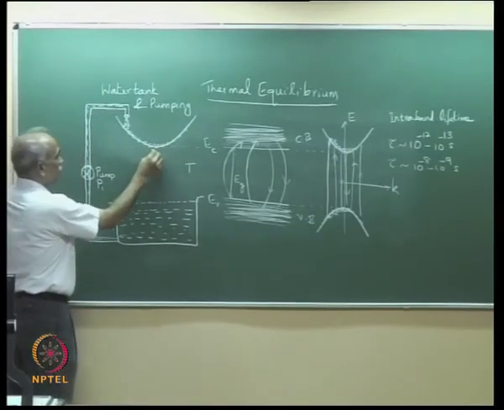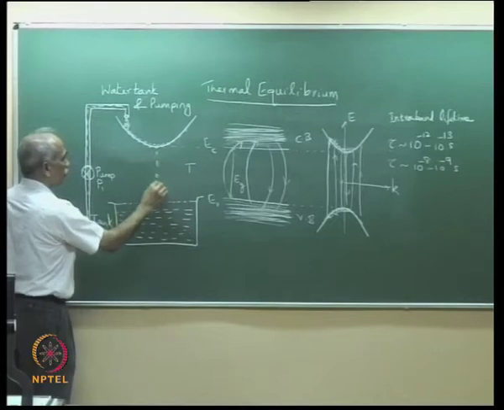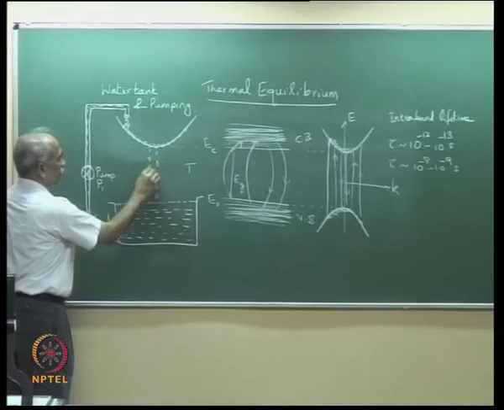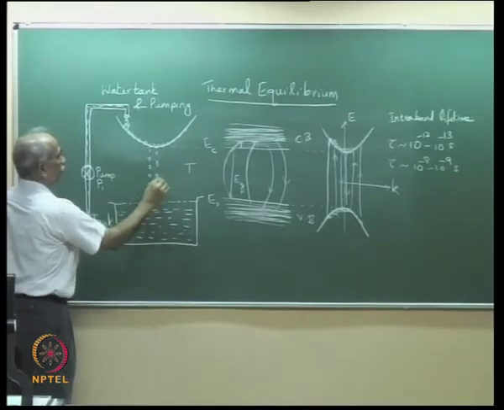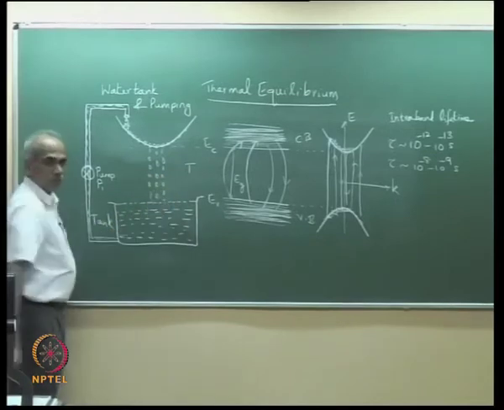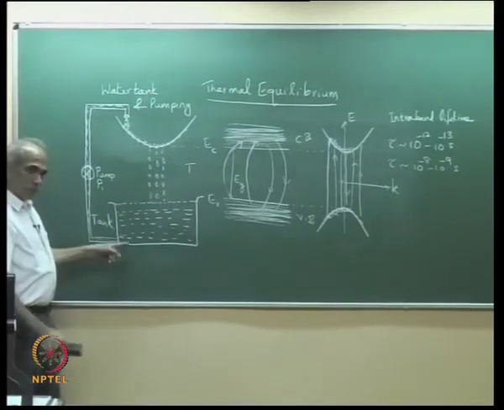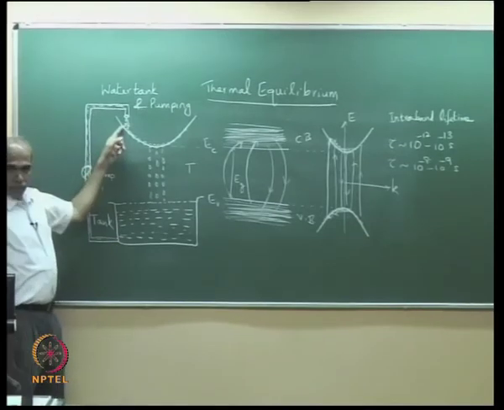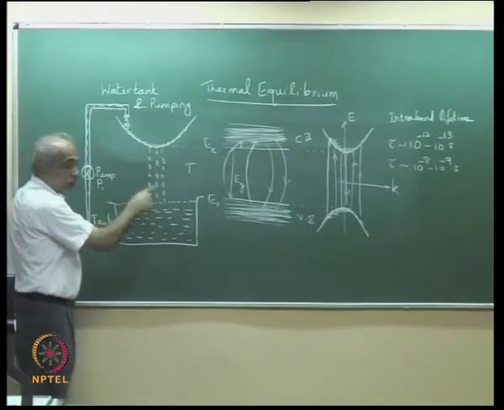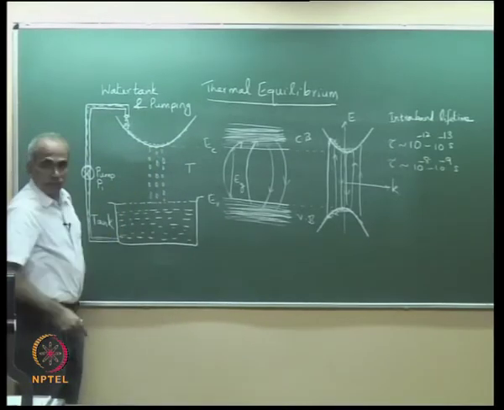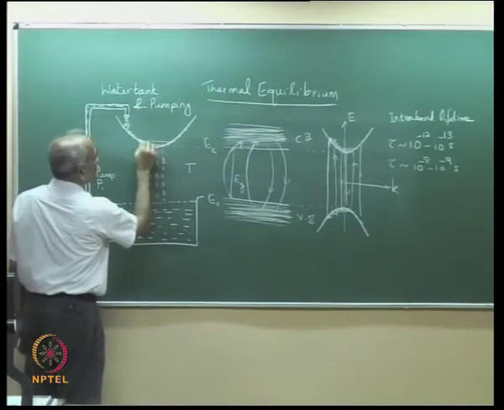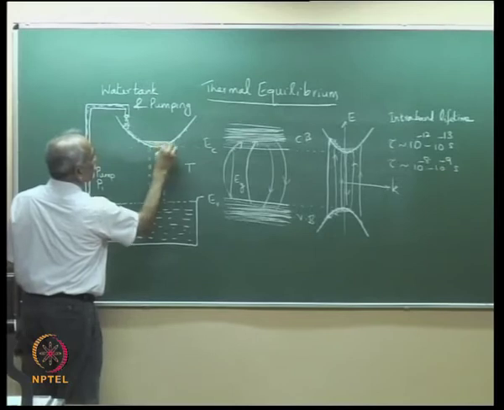And there are holes, therefore water is also trickling down. Because I am pumping up into this tank, water is getting accumulated here, but it is also flowing down through these holes. If the holes are sufficiently small, then there will be some amount of water accumulated in this tank.